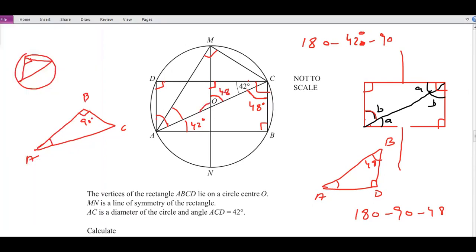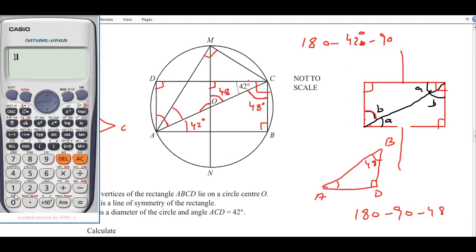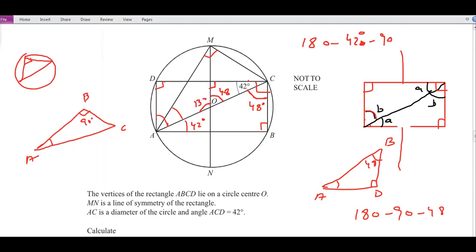If this is 48, then this will be 180 minus 48, so this one is 132. Out of this 132, again this one is 90. If I consider this full triangle, we know this is 90.